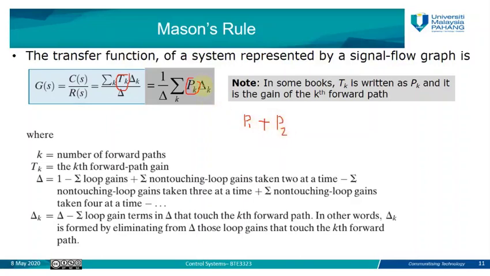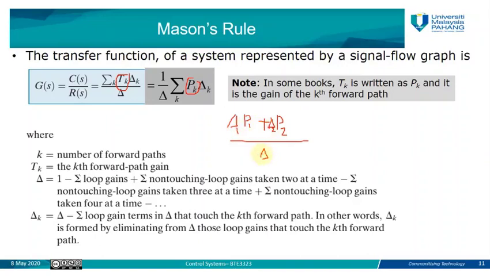It will be multiplied by delta 1, because we need the summation of Pk delta k. So it will be delta 1 P1 plus delta 2 P2. Then all these values will be divided by delta. Okay. Now we already have P1 and P2, which represent the gain of the forward path number 1 and the gain of the forward path number 2. We need to find more about delta 1, delta 2, and delta.